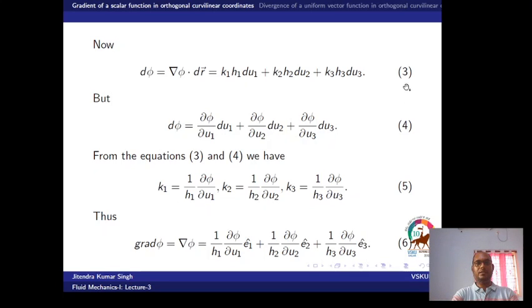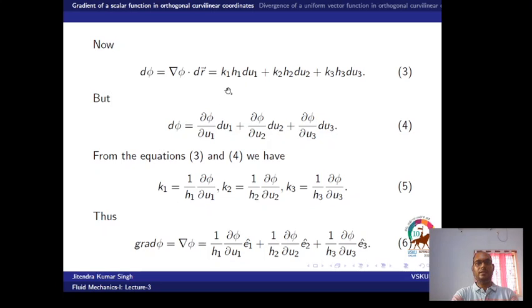Now we compare equations 3 and 4. From them we get k1 h1 equal to dou phi by dou u1, k2 h2 equal to dou phi by dou u2, and k3 h3 equal to dou phi by dou u3.